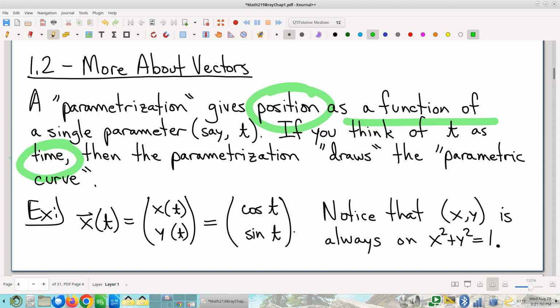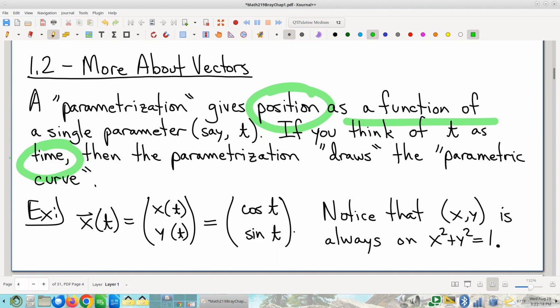Now, I have a gesture that I think is helpful to understanding what this means. And that is, follow the tip of my finger, just kind of do like this. And notice, at any given moment in time, at a particular time, I have a position. So literally, this gesture of moving your finger around like that is giving position as a function of time.